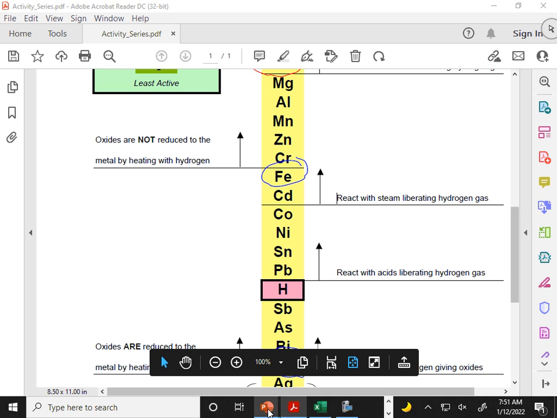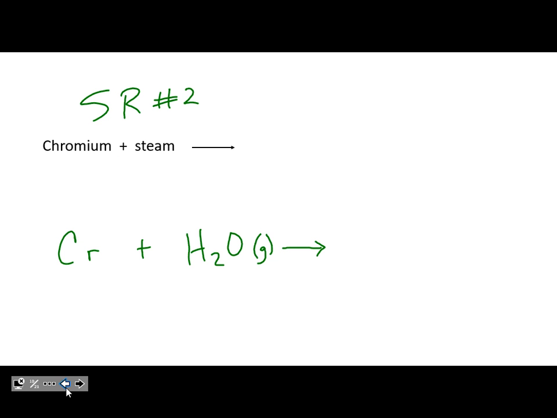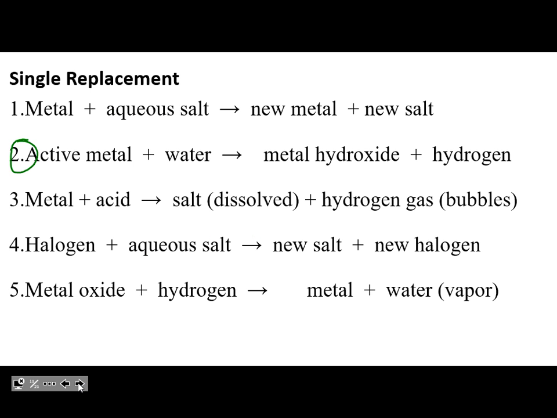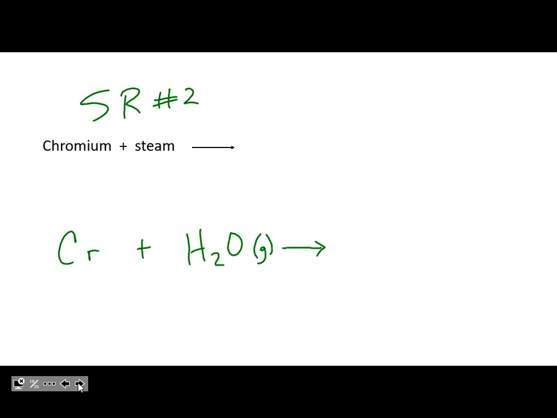So, chromium will react with steam. So, as I'm looking back here, okay, my active metal plus water will give me a metal hydroxide and hydrogen. Metal hydroxide and hydrogen. So, I come back here and say, okay, it's going to give me a metal hydroxide and hydrogen.